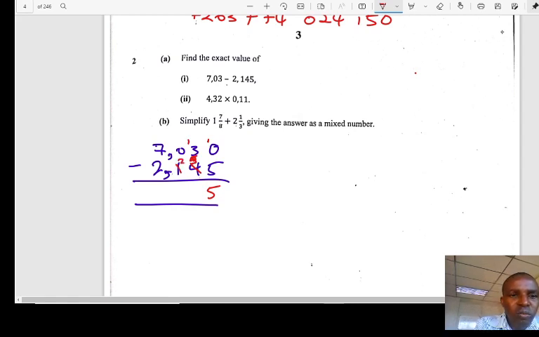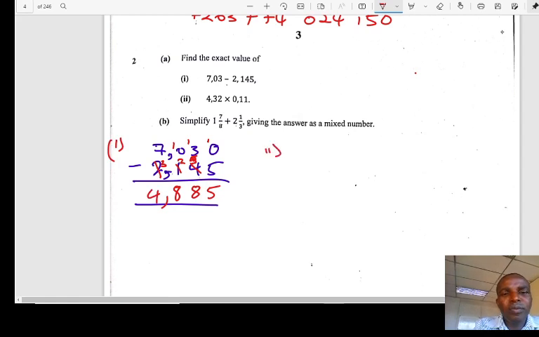Then you add 1 to be 2 here. 13 minus 5 is 8. Then 0 minus 2, it can't. You borrow base 10 here, then you add 1 to be 3 here. 10 minus 2 is 8, comma, 7 minus 3 is 4. So it's 4.885. Done. That's item number 1.